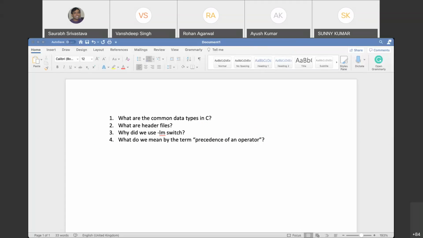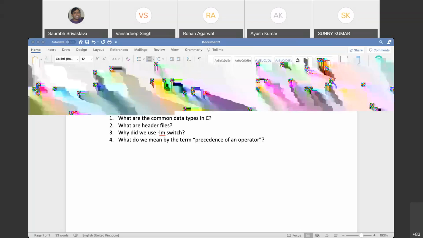For example, what is the format specifier for float? What is the format specifier for this type of data type, that type of data type? These are all syntax related things. Whenever you want to know the format specifier for a specific type, you can go on the internet and search, and you'll know the answer.